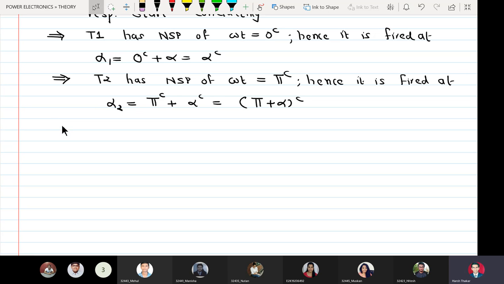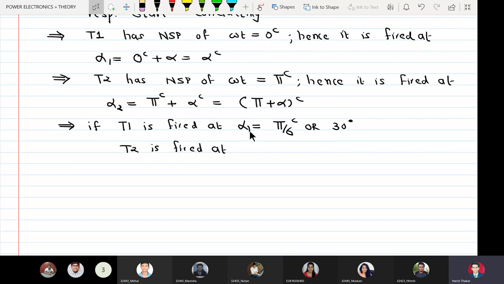Okay, so if T1 is fired at alpha equal to pi by 6 radians or 30 degrees, T2 is fired at alpha 2 equal to pi radians plus pi by 6 radians, equal to 210 degrees.